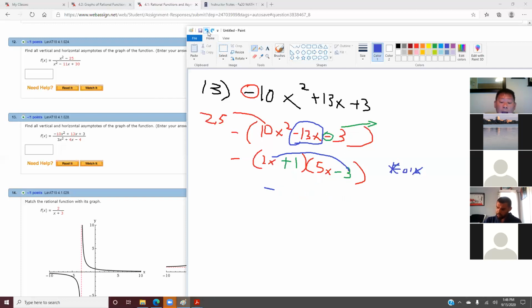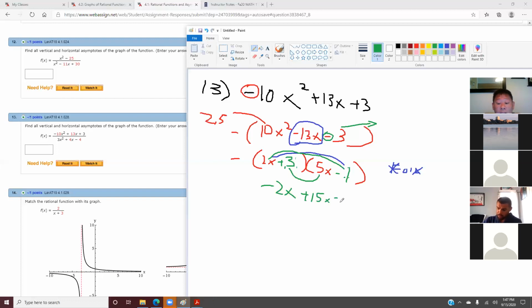So what do I do? I switch them around. So instead of using 1 and 3, I will use 3 and 1, because if you use that, you get different numbers. And I'm going to put 1 plus and 1 minus because of this. So 2x times -1 is -2x. 3 times 5 is +15x.